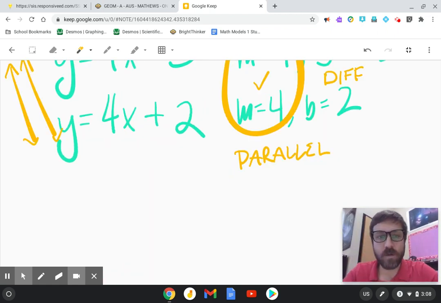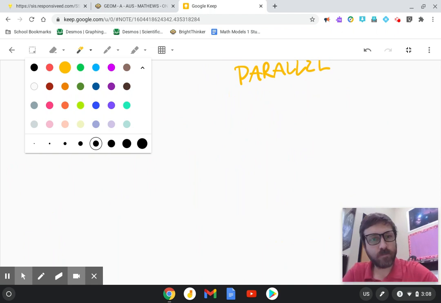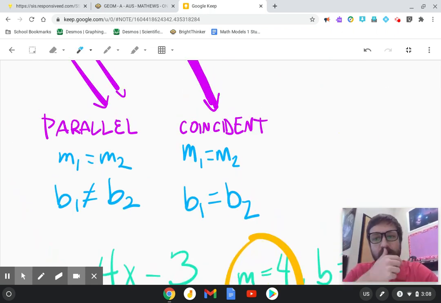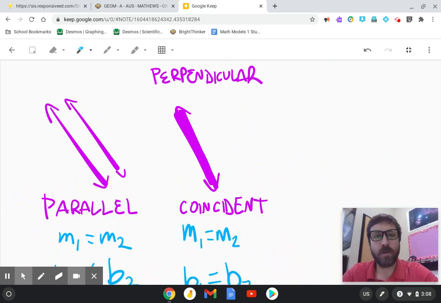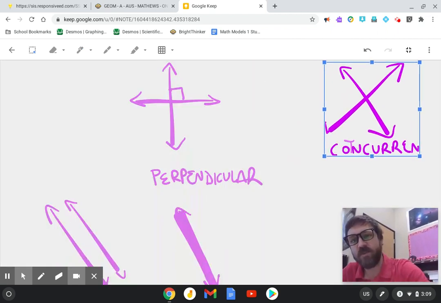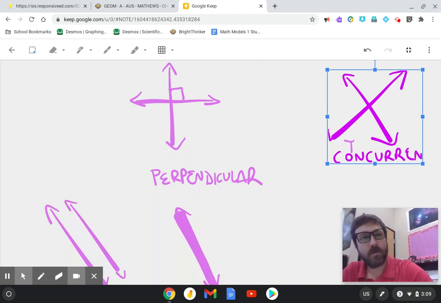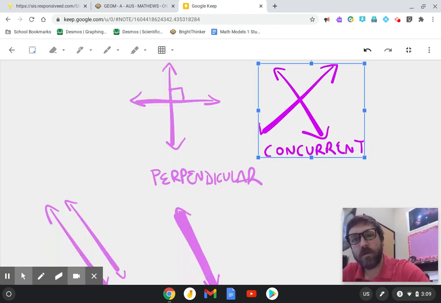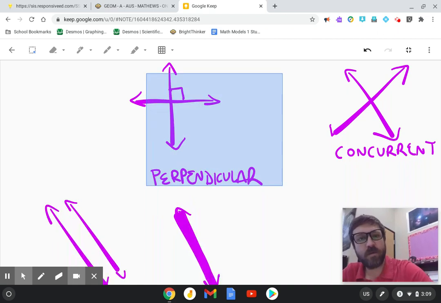Now, what about perpendicular? Well, as you've seen here, anytime the slopes are the same, it's going to be one of these two options. Well, when it's perpendicular, you're going to have a different situation. Let me get this all sorted here. Move that over there. Let's move this over here.